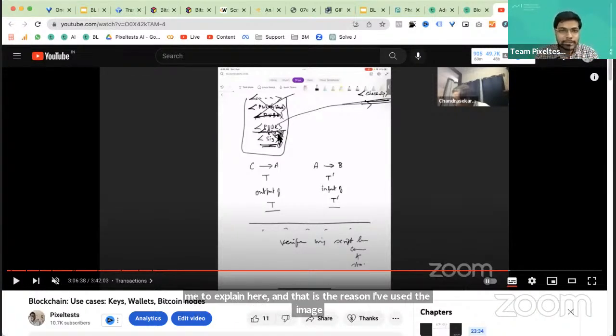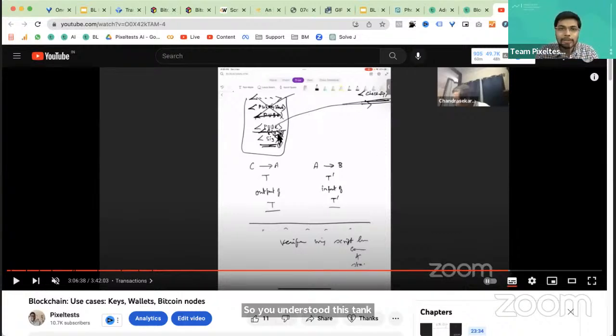So now, whatever input, for example, A is sending to B, the output of A is going as the input for B. So how the output for A has come, like how the input for A has come. He refers to the index of the input from C to A, that index which pertains to A. That is what he's trying to explain here, sir.